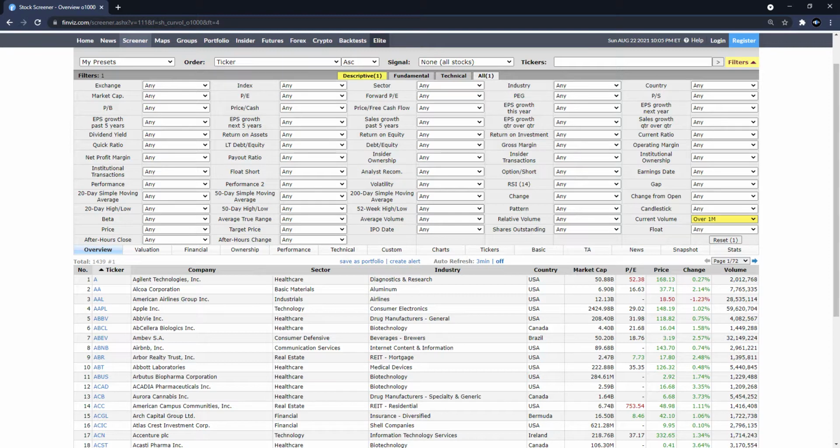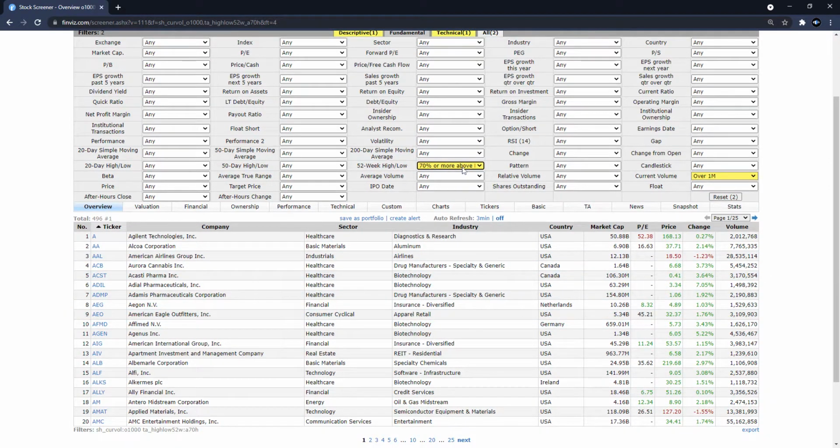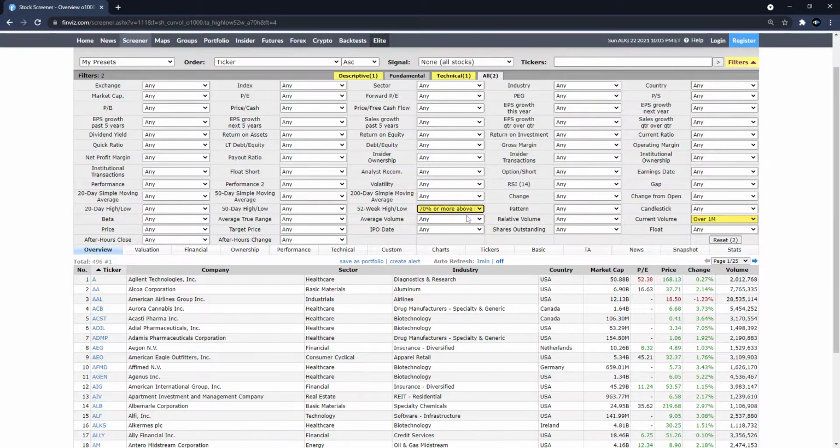The 52-week high or low is the yearly maximum or minimum over the previous 52 weeks, and we want it to be 70% above, not 50, but 70 or 80. It is always up to you. Okay, 70. Why is that? Because when we are 70% above the 52-week low, that indicates that we are in a great bullish trend.